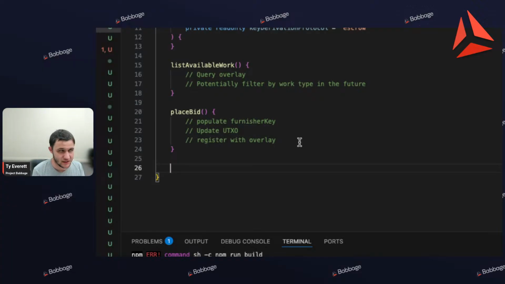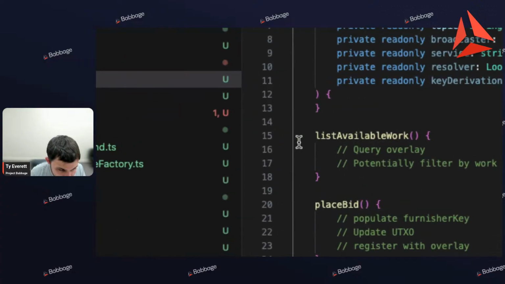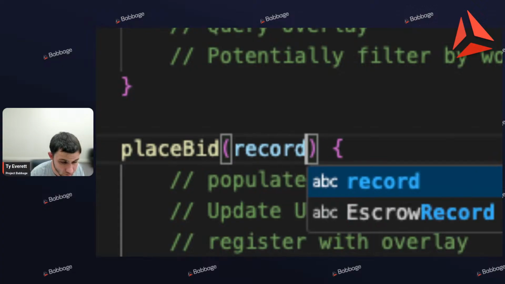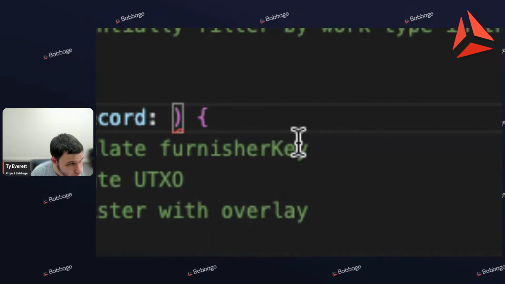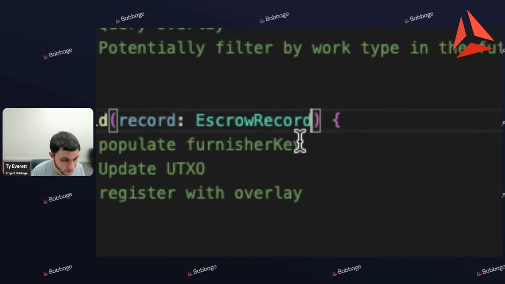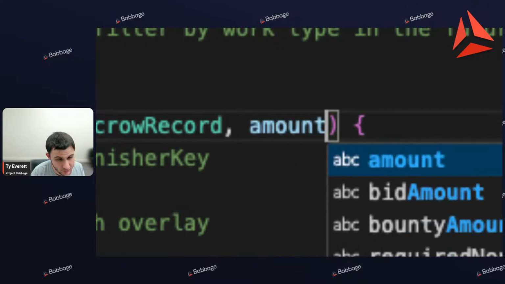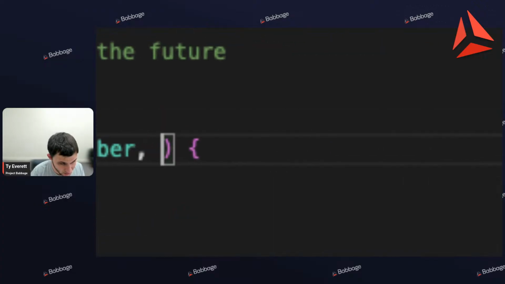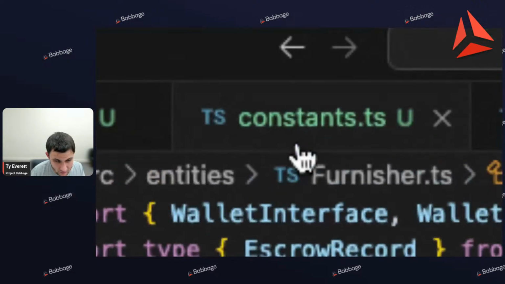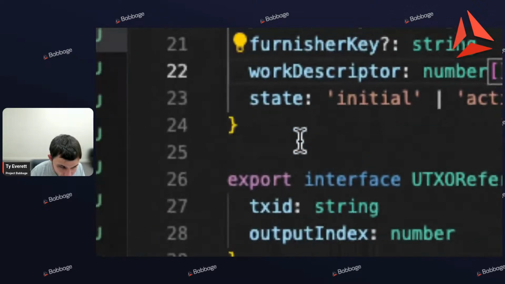I think in this case, what we can do is, you have a record and you have an amount you're bidding, and you have the data. What did we call that? It was plans.